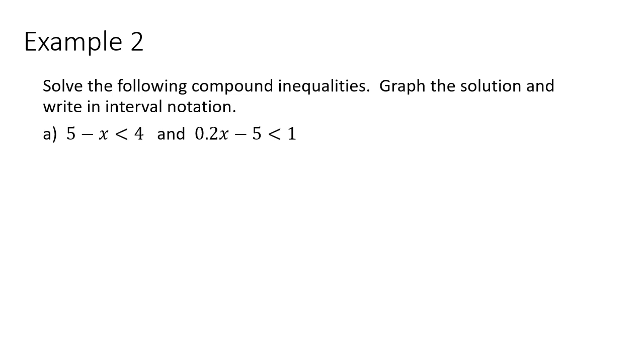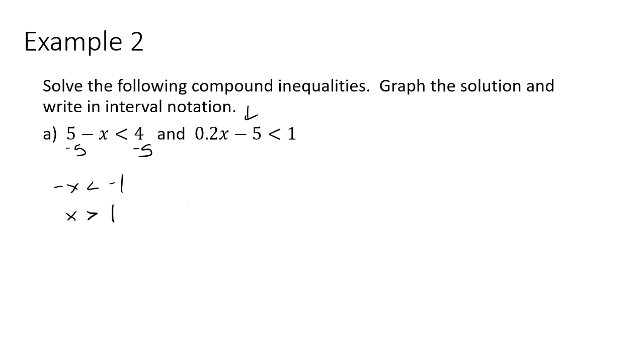So it's like two problems from example 1. So starting with the one on the left, 5 minus x is less than 4. If I subtract 5 from both sides, we get negative x is less than negative 1. And then if I multiply both sides by negative 1, it flips the direction of the sign in the middle, and I get x is greater than 1.